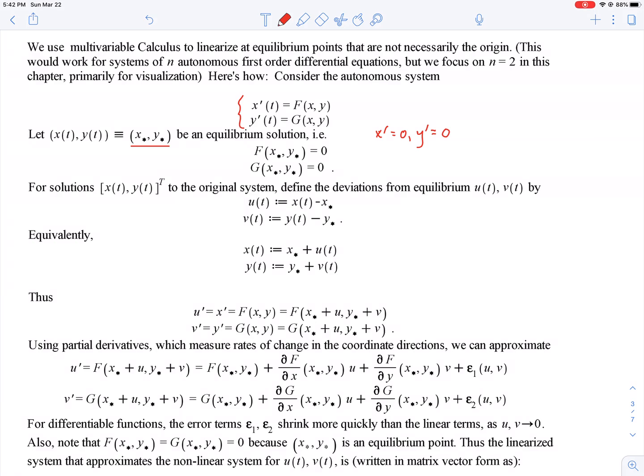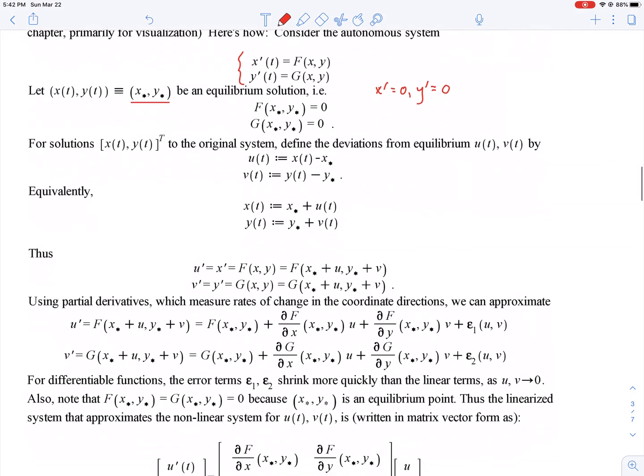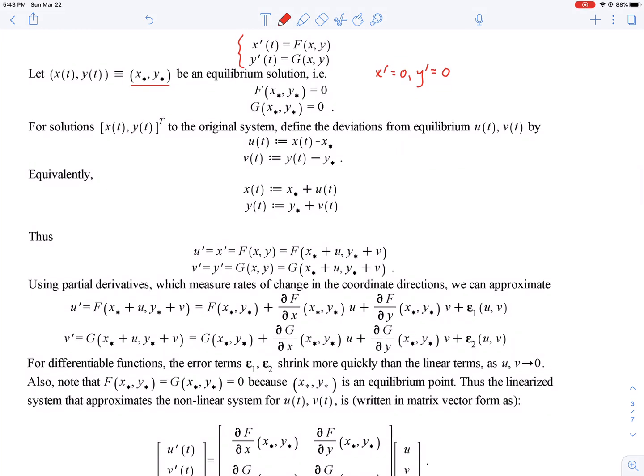So f of x star, y star is 0 and g of x star, y star is 0. Yeah, we've talked about this before, but it's going to be useful when we do the approximation.